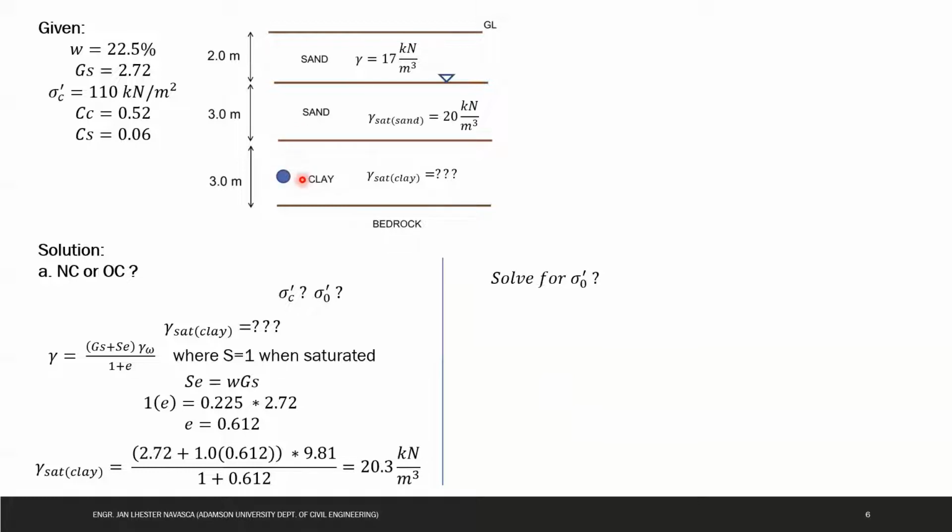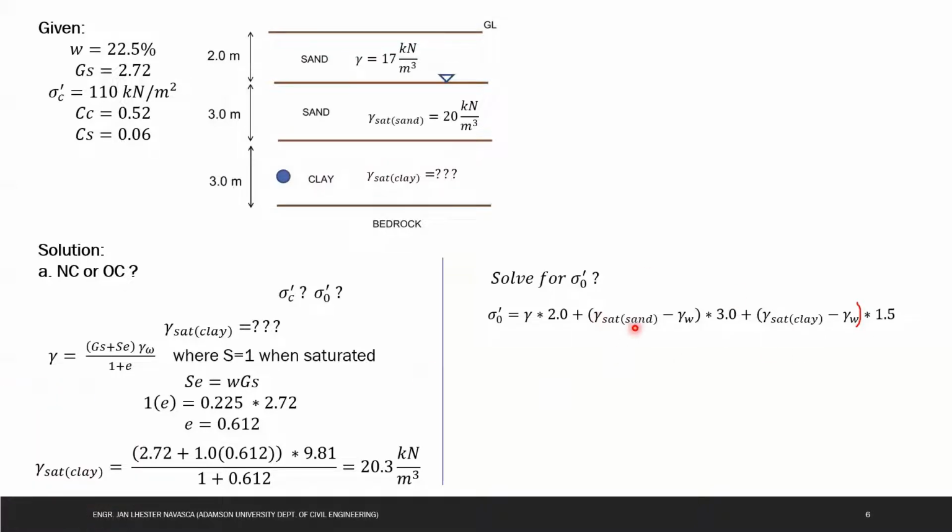So solving for the overburden pressure: the unit weight of dry sand times 2.0 meters thick, plus the difference of the saturated unit weight of sand minus the unit weight of water multiplied by the thickness of 3 meters, and the difference of the saturated unit weight of clay minus the unit weight of water, multiplied by 1.5. Again, you should write a comma right here.